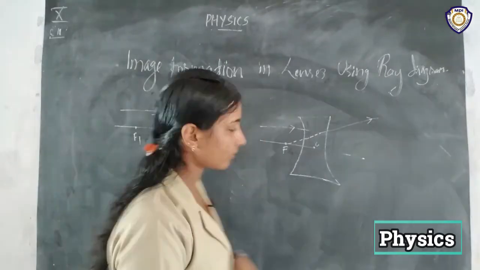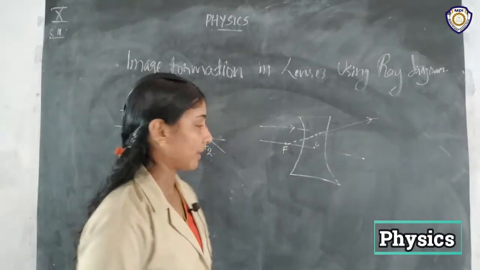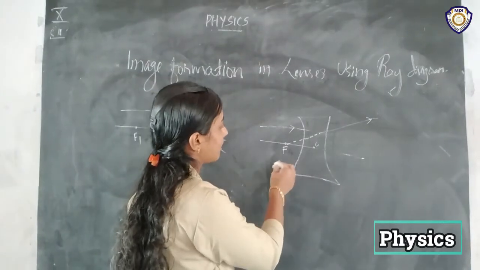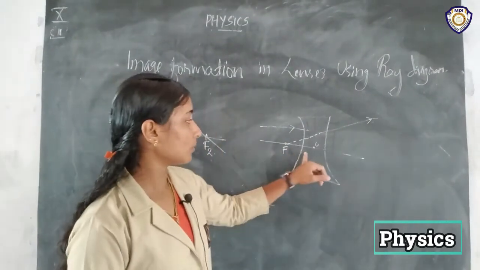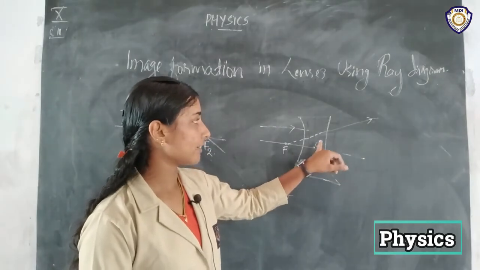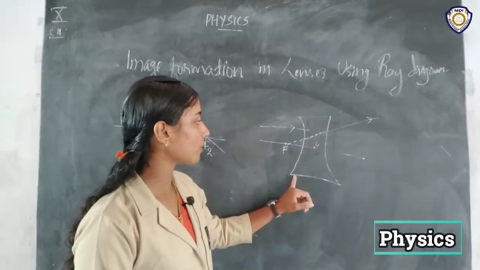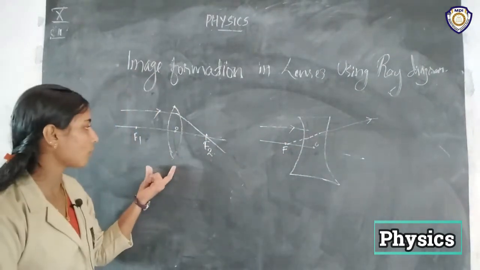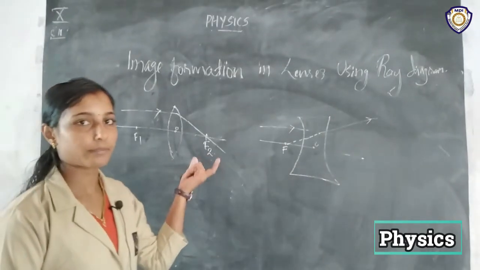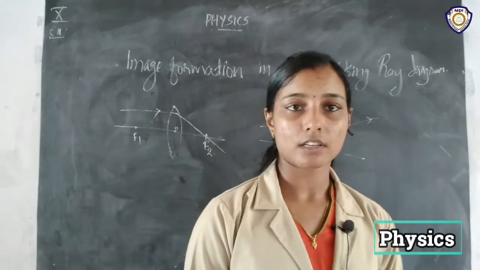So when the light ray passes parallel to the principal axis, in the case of a concave lens the focus is on the same side, and in the case of a convex lens it is on the other side. That is the first rule.